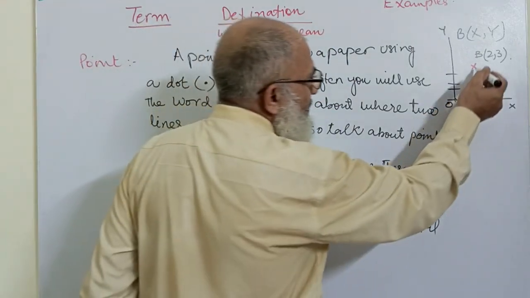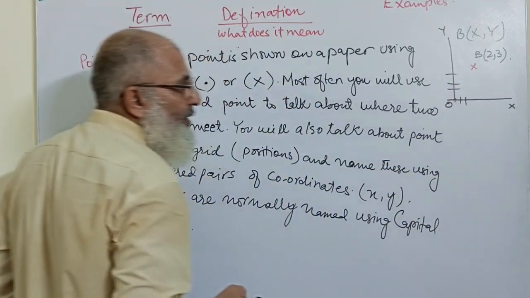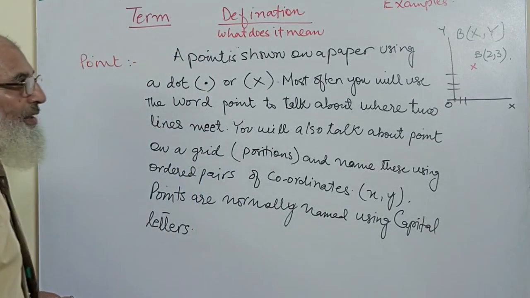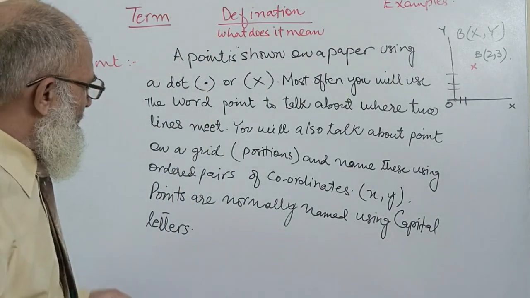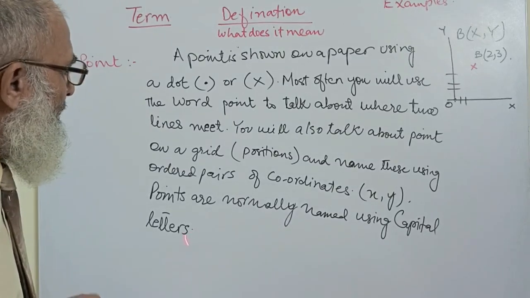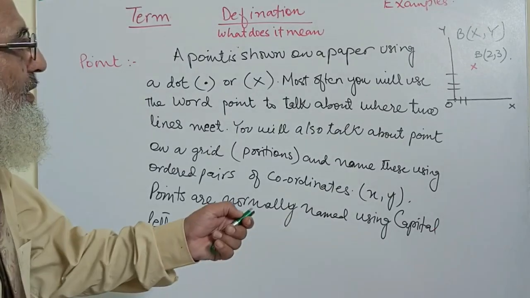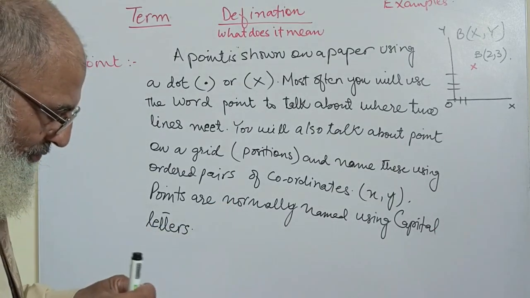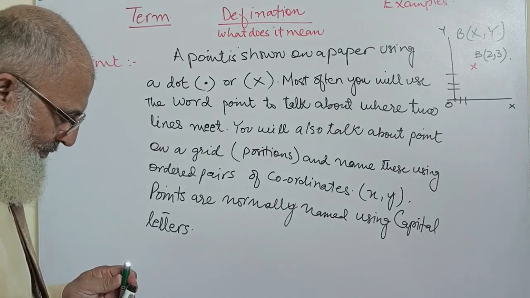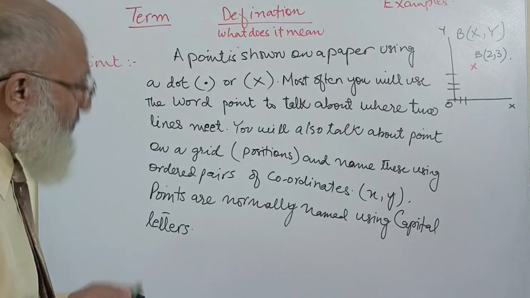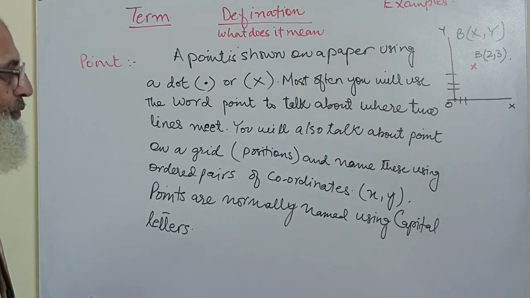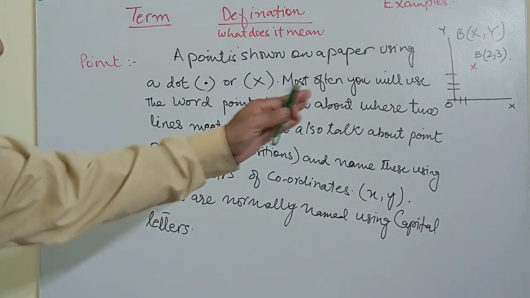So the point X is here. Points are normally named using capital letters like this: X and Y. So this was the point and the example.